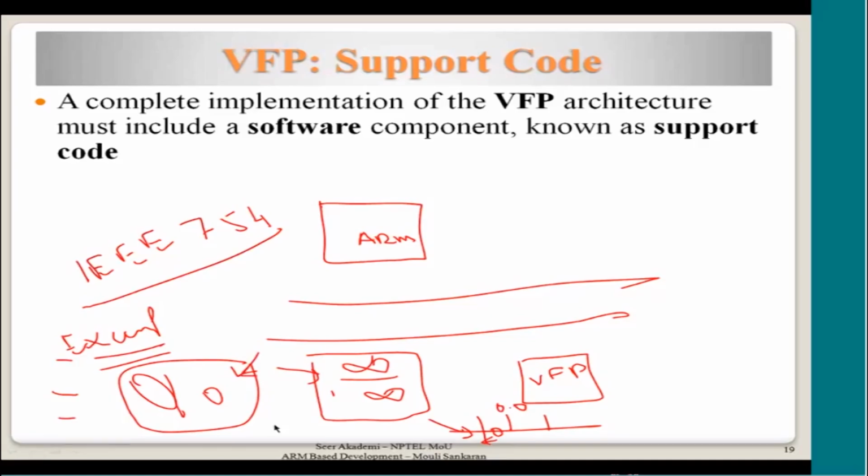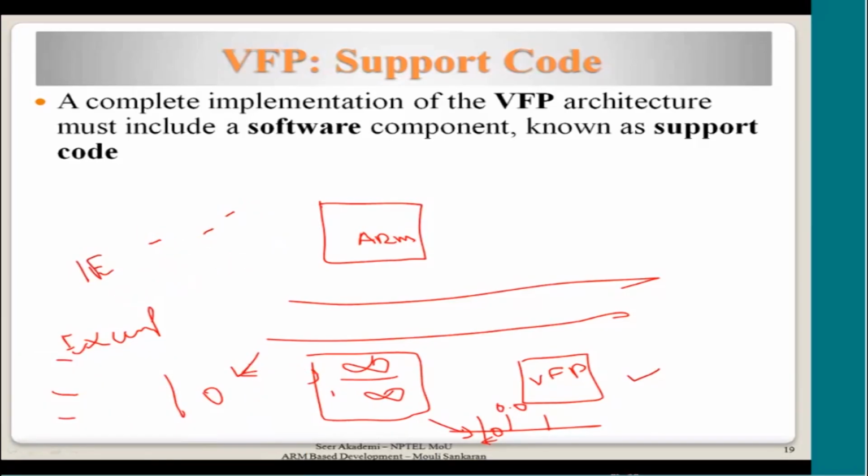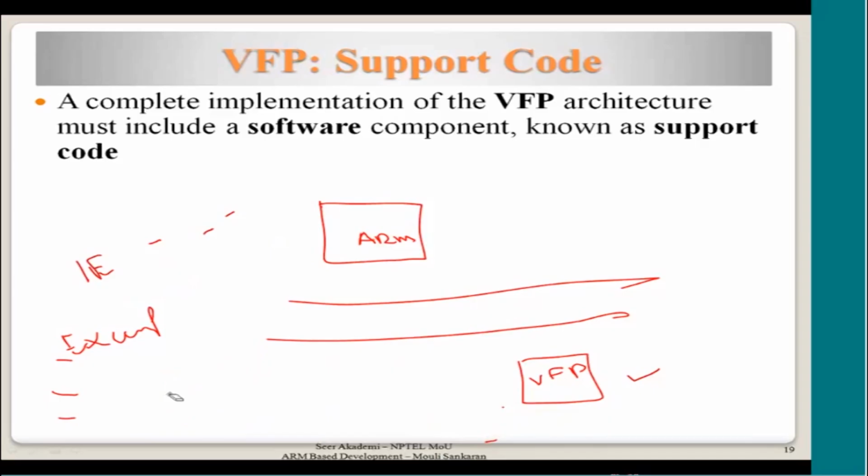So when such things happen, how does the vector floating point processor give control to an exception handler? I have to give you a little bit of background because it will be difficult if you don't have this in the back of your mind. Now assume there is some floating point operation which was done by the processor. Let me choose another color.